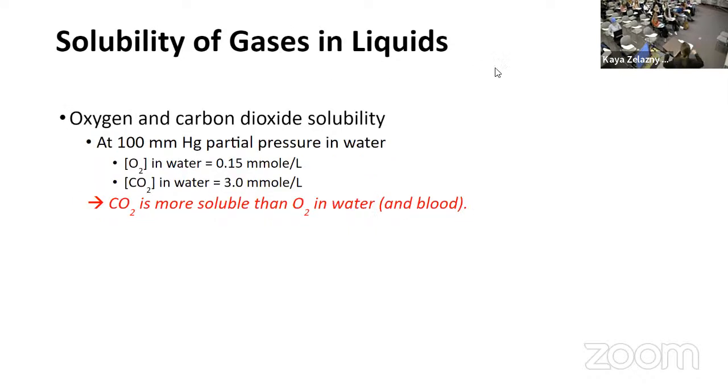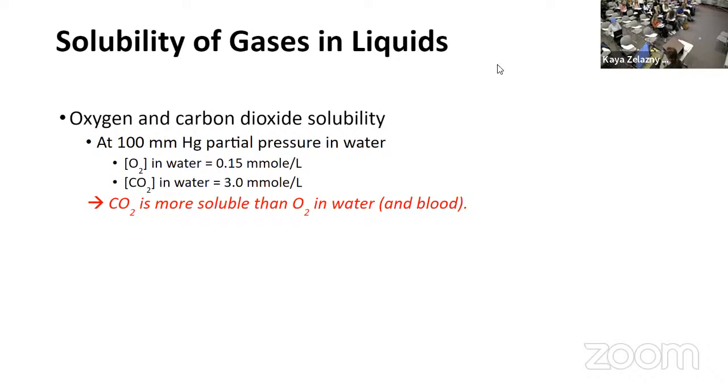So why we really care about this background is because we're tracking oxygen and carbon dioxide. We're tracking them in the air around us. We're tracking them in our alveoli, and then we're going to track them in our blood. So in the arteries, in the tissue, then in the veins coming back. Okay. So the important thing to know, therefore, is that oxygen and carbon dioxide do not have the same solubility in liquid.